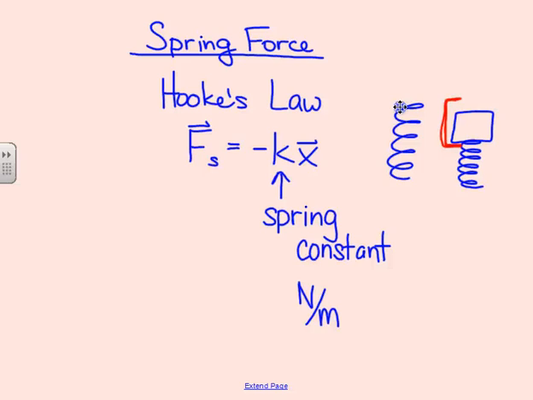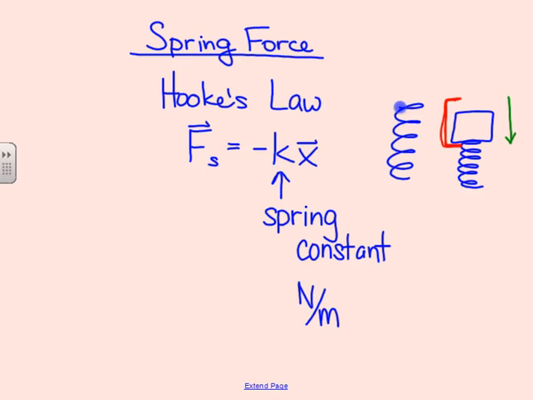In general, the spring constant must always be a positive number. One other important thing you'll notice about this equation is the negative sign. That tells us that the spring force always acts in the opposite direction of the displacement of the spring. So this object displaced the spring downward. As a result, the spring force pushes upward on the object.